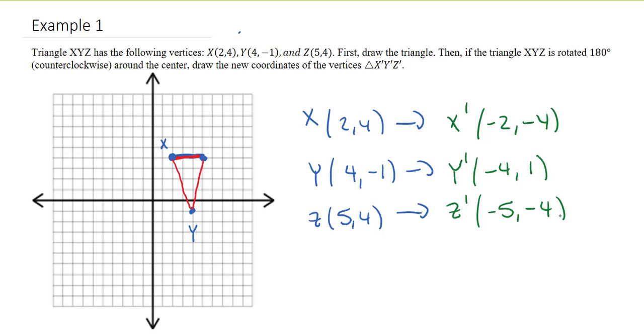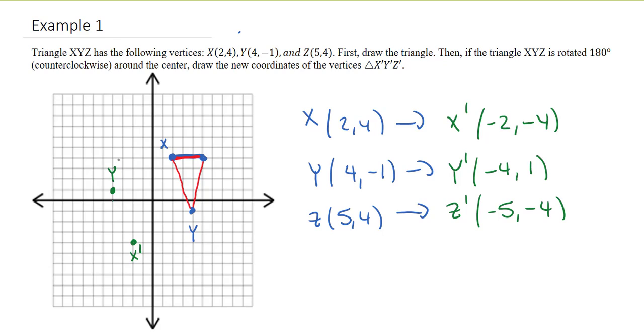So let's go ahead and draw these points. X prime is (-2, -4). So 1, 2, 3, 4. This is our X prime. Now our Y prime, which is -4, and then 1. So 1, 2, 3, 4, up 1.